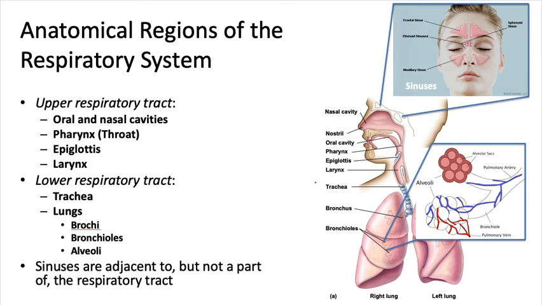The lower respiratory tract includes everything from the trachea and below, and the lower respiratory tract should be sterile. It includes the trachea, which is also called the windpipe. The trachea leads to two bronchi, which are the branches that go into the lungs, and the bronchioles and the alveoli are the deepest parts of the lungs.